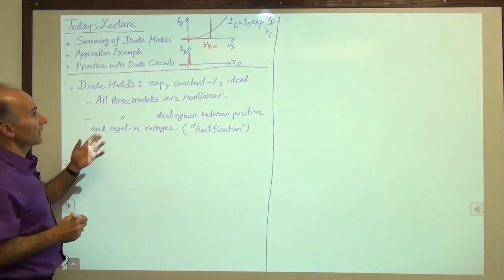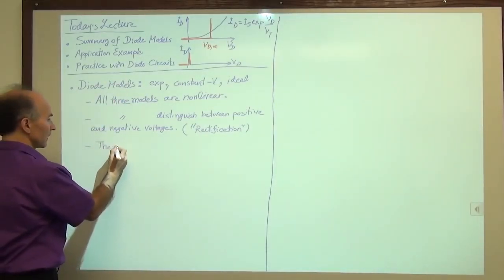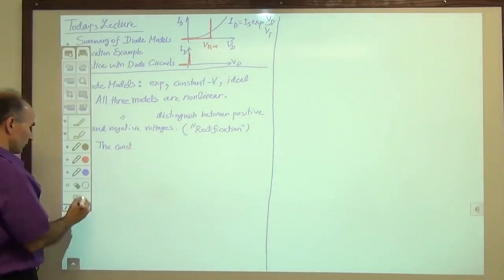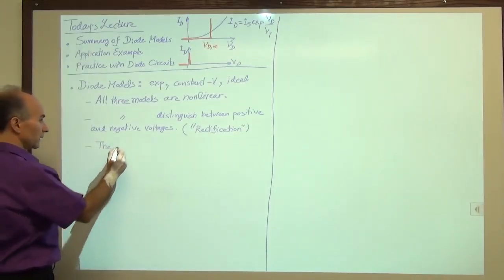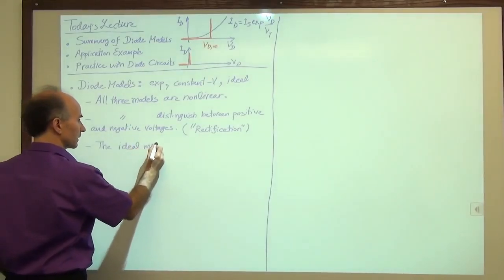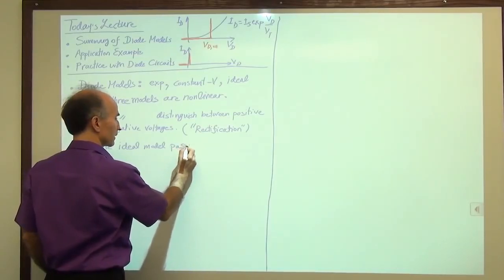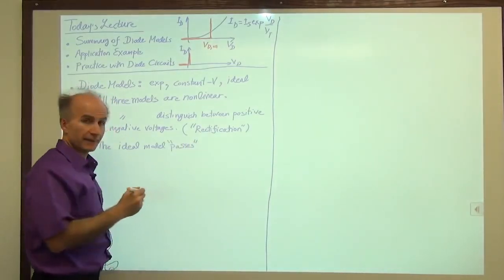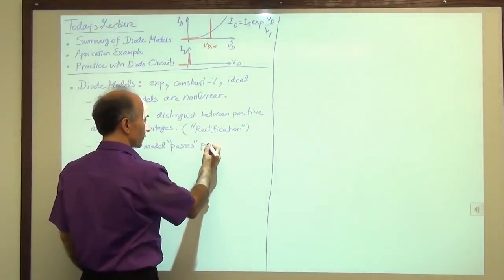The other property that we can see is that, sorry, maybe I should do this in order. The ideal model passes, again I put this in quotation marks because that's a loose way of saying things, passes positive voltages.